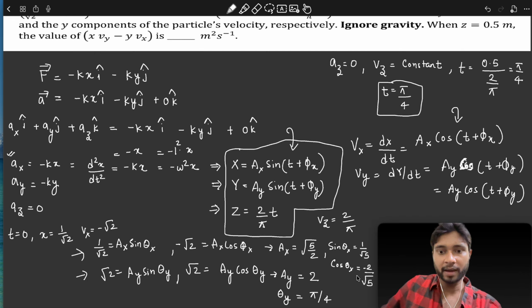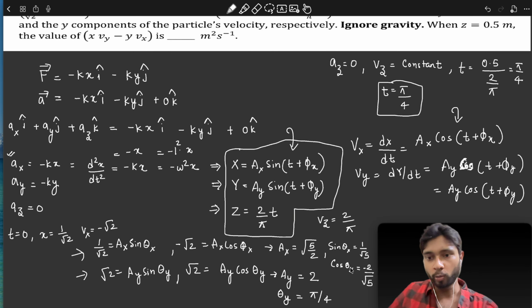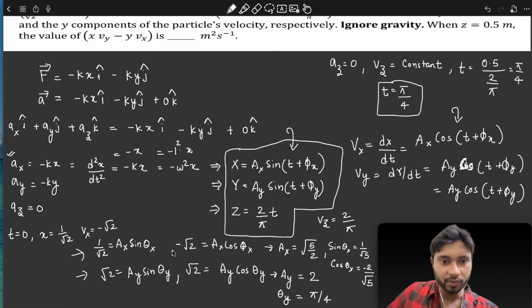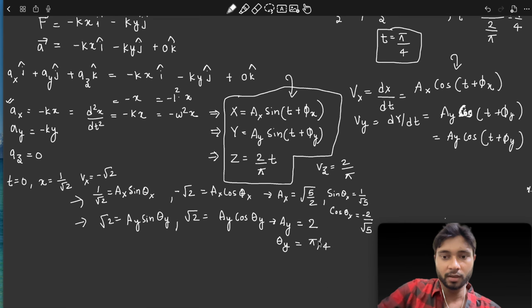Remember, one can make a mistake: if sin phi x is 1 by root 5, cos phi x could be 2 by root 5, but it could be minus 2 by root 5 as well. We can figure it out because this is given as minus root 2. So cos phi x will be minus 2 by root 5, not 2 by root 5.